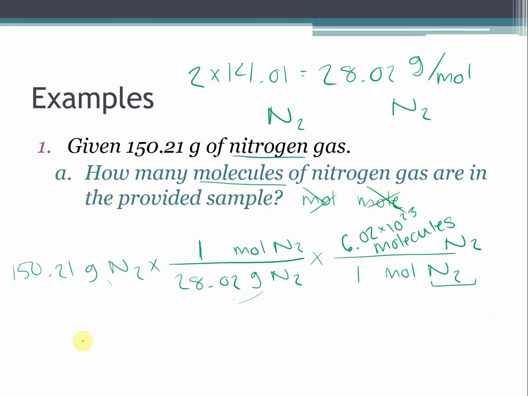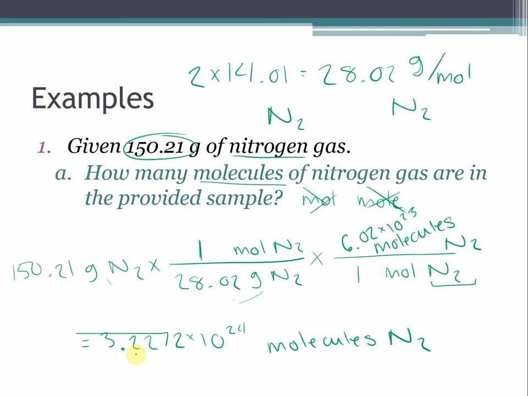Plugging all of this into your calculator, you should get 3.2272 times 10 to the 24th molecules of N2. And we want to round it to these 5 significant figures because we started with 5 significant figures.